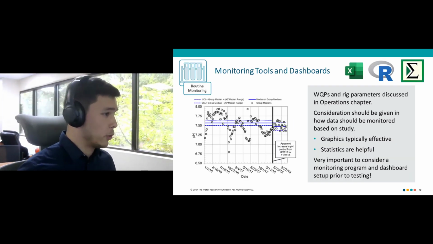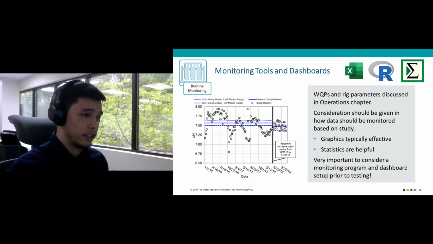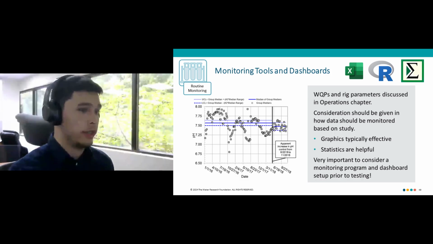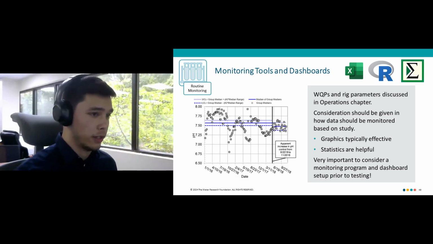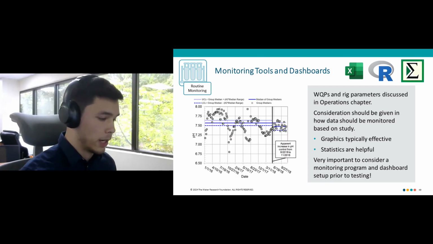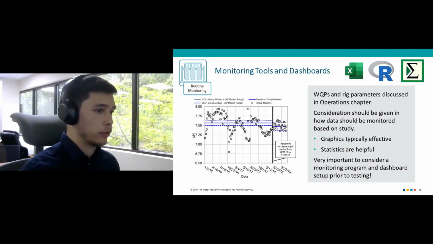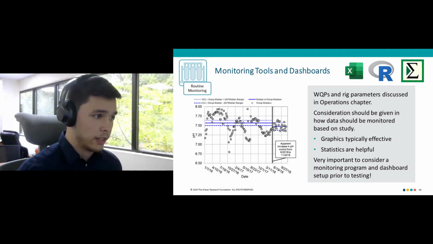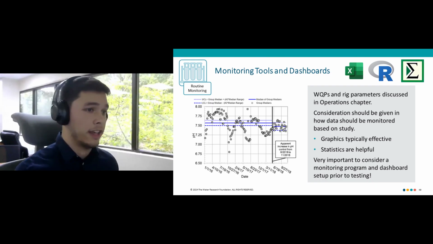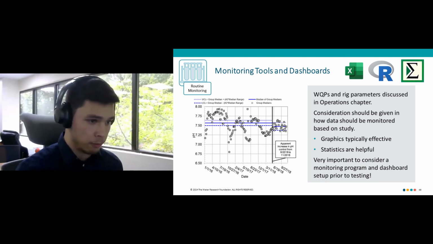So I'm going to start first, of course, with the routine monitoring. We've already covered this a little bit in depth, but it should be considered when starting up with operations, starting your pipe rig study, that you have a good graphical and statistical tool that you can use to store and then process the data that you are collecting from your pipe rig experiment.